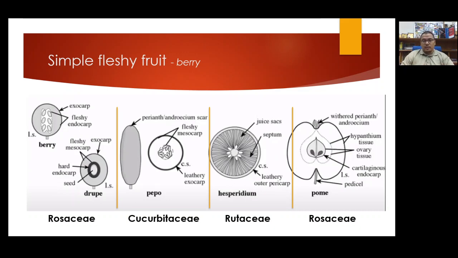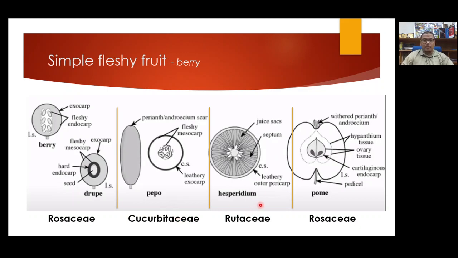All of these terms that we've got down here, we have a drupe, a pepo, a hesperidium, and the pome, are really all just variations on berries, and they occur in different specific families. For instance, the pepo is in the Cucurbitaceae, the melon family, the pumpkin family.